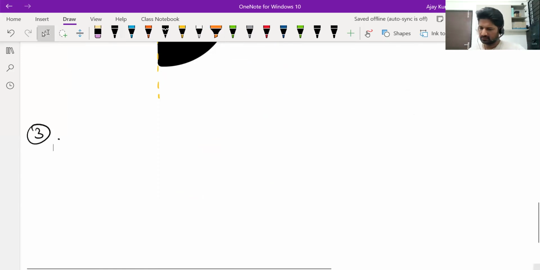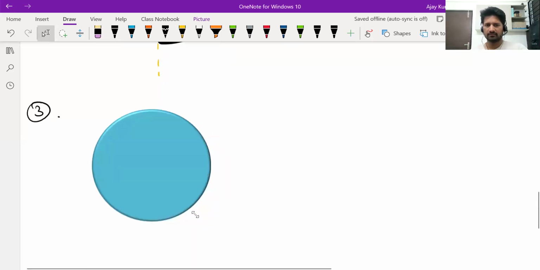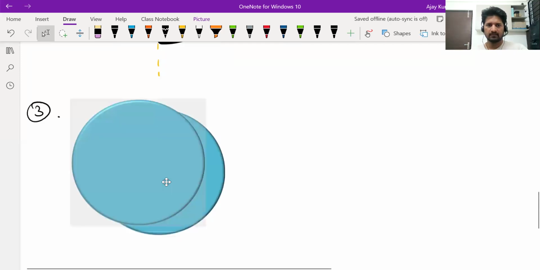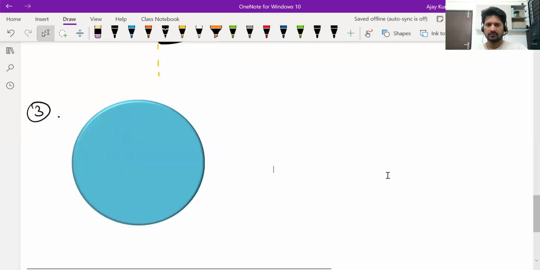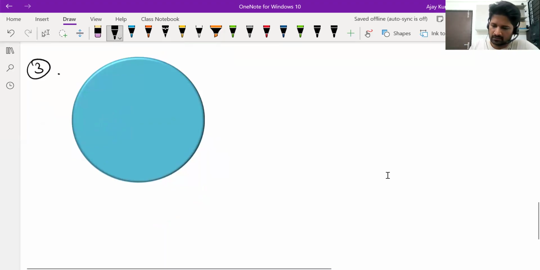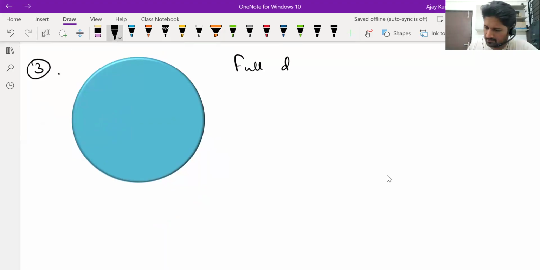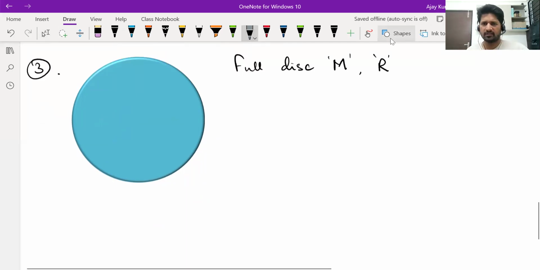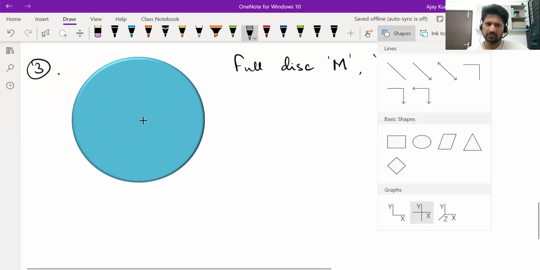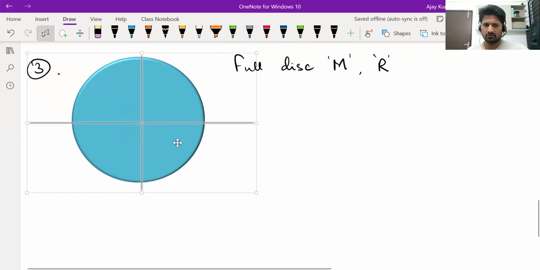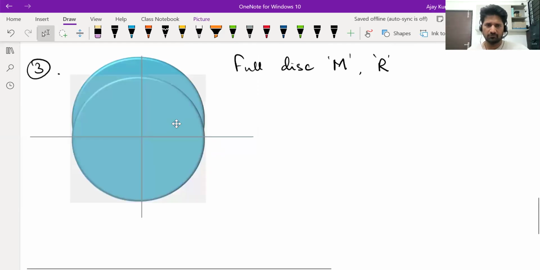Next, suppose there is a regularly shaped system. A disk itself you take. Full disk mass is m, radius is r. We know its moment of inertia about its own axis, and about its diameter also: own axis is mr square by 2, diameter is mr square by 4.